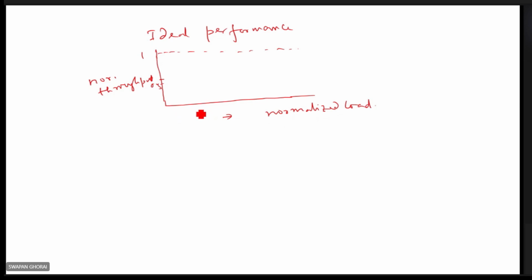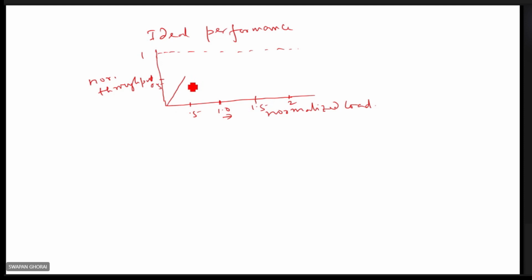Say this is 0.5, this is 1, you are increasing the load to 1.5, and this is 2. In this way you are increasing the load. So initially, as the load increases, the throughput will increase, the number of packets delivered.